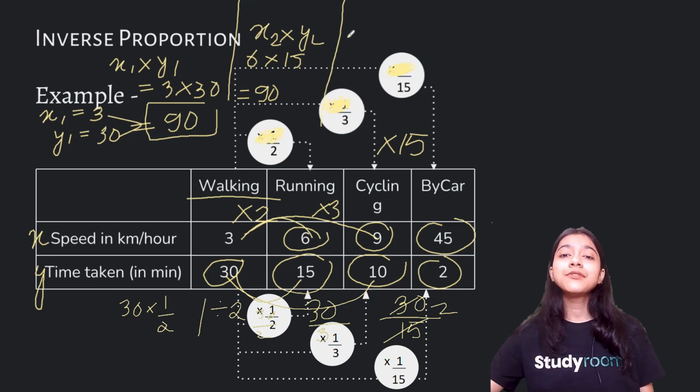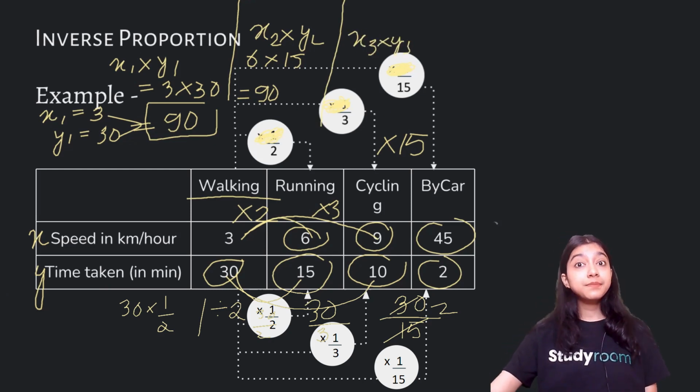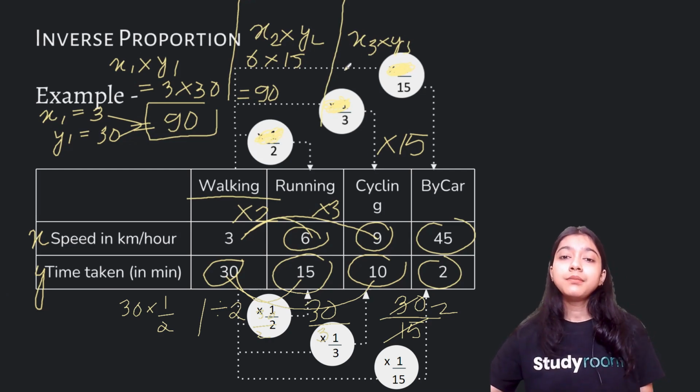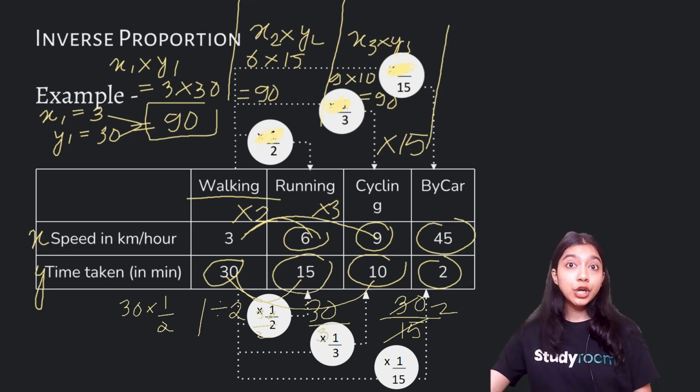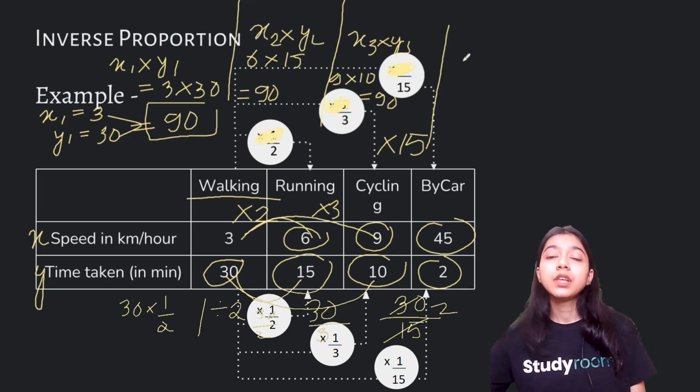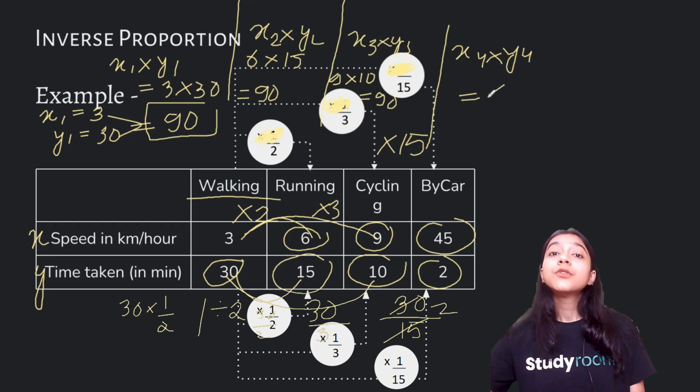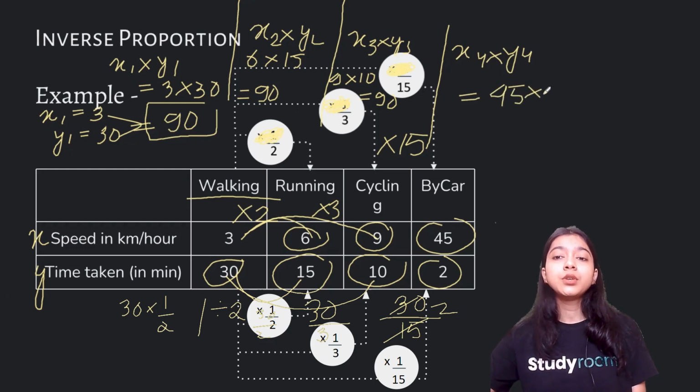We have 9 multiplied by 10. Again we get 90. And last but not the least, we have x4, y4, that is when we are traveling by car. So x4 multiplied by y4 is 45 multiplied by 2. This again gives us 90.